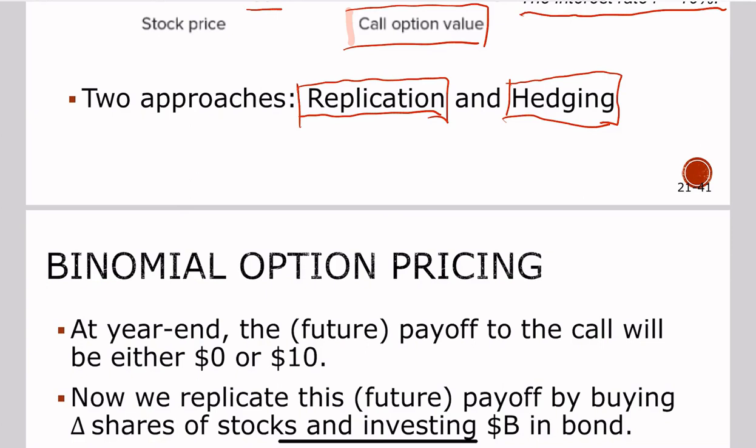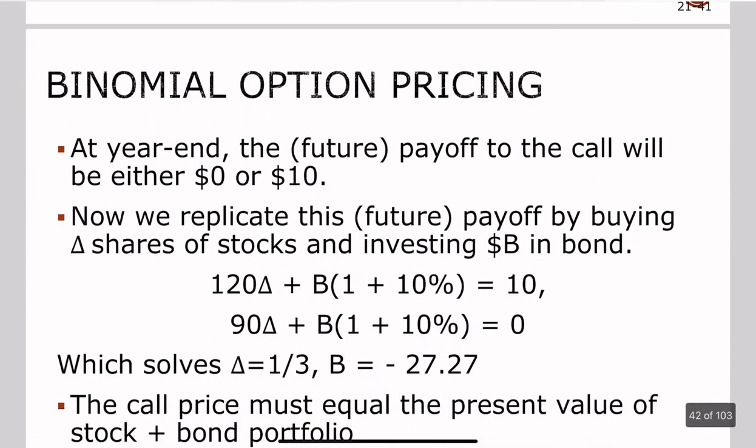That is, if bond plus equity has the same payoff as the call, then the present value of the bond plus equity has to be the same as the present value of the call. This means we could use the present value of the bond plus equity as the call price. So that's the general idea.